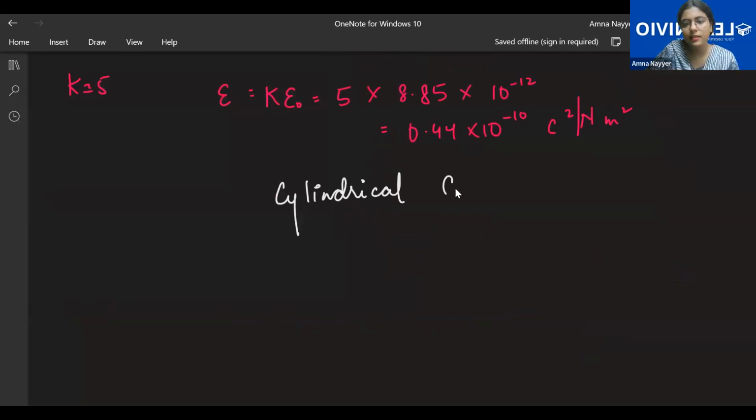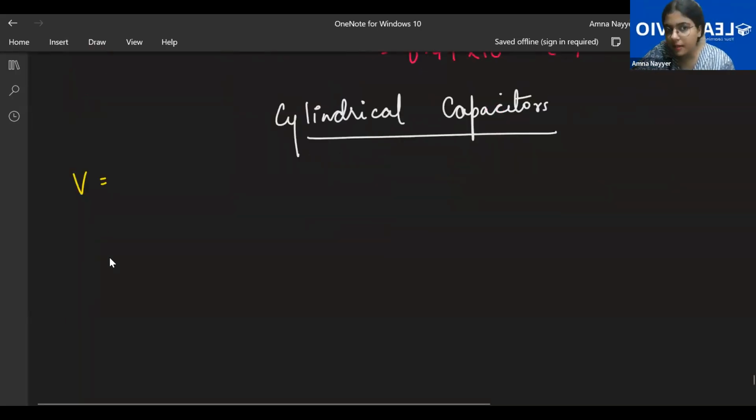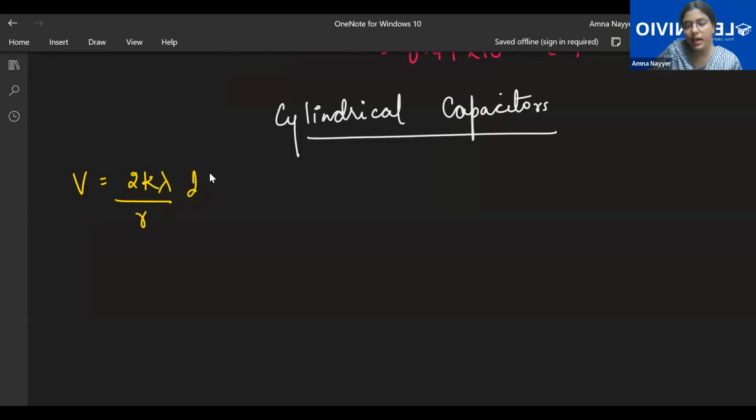Cylindrical capacitors. See, for the formula of the cylindrical capacitor, you basically consider the linear charge density lambda, because it's like you have entrapped a wire in the Gauss law. So similarly here you will be integrating: 2k lambda divided by r into dr from the radius a to some b.